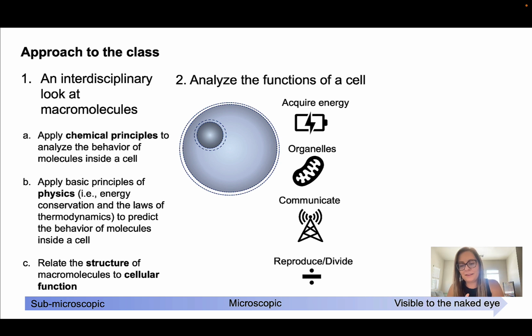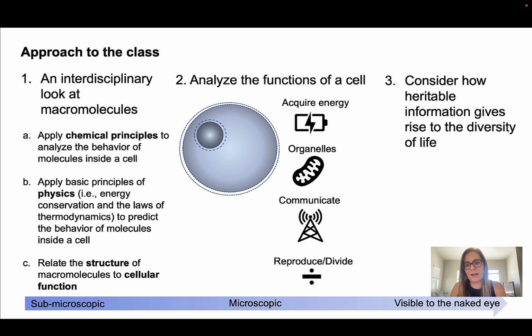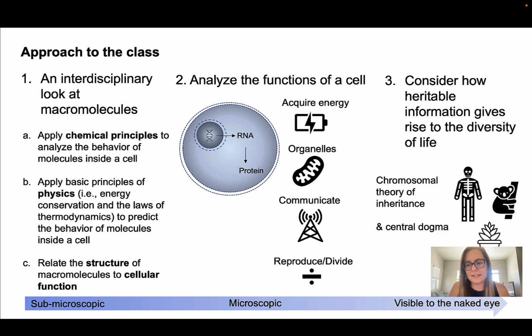We're going to move up from that microscopic level into traits that are visible to the naked eye. And we're going to consider how heritable genetic information gives rise to the diversity of life. And so when I'm talking about the diversity of life, I mean how living things are quite different from each other, like we just looked at. So the difference between a human and a koala versus a succulent.